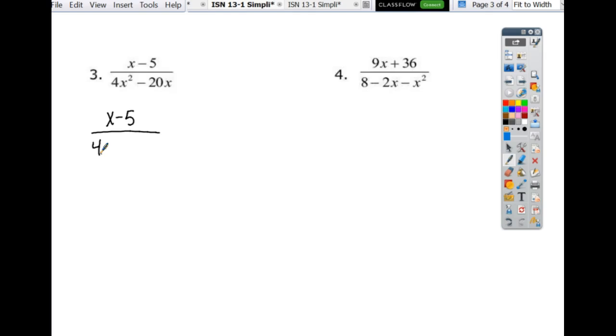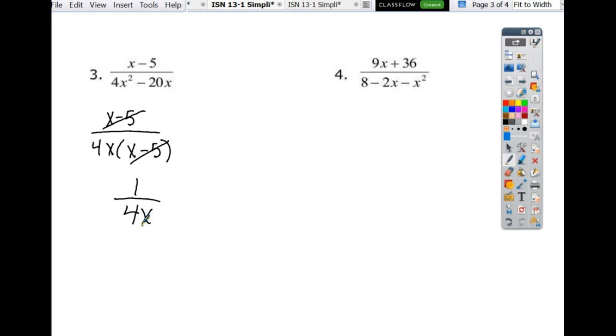So I'm going to put a 1 here. So 2 minus 1 is 1. 20 divided by 4 is 5. 1 minus 1, I don't have any left. So now what cancels? So I end up with 1 over 4x. Because we can't just leave it blank on top.